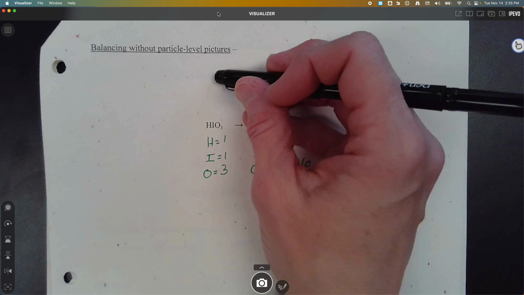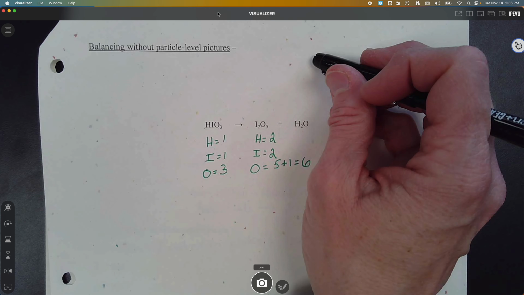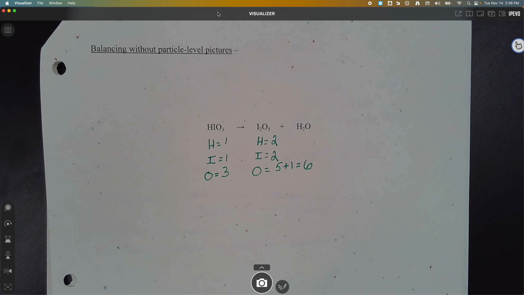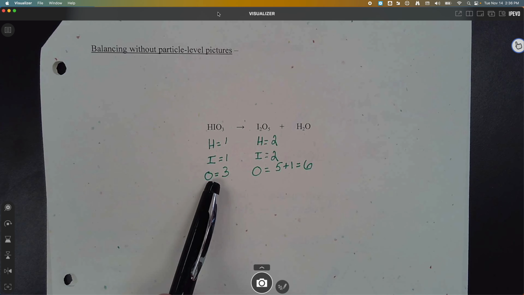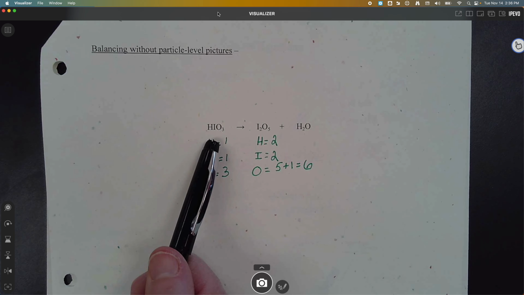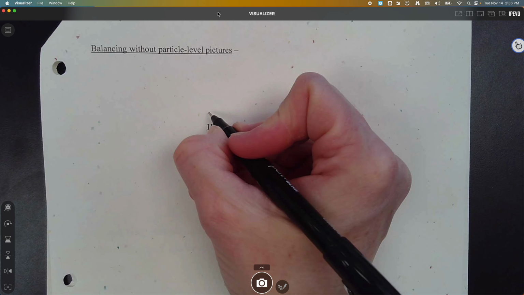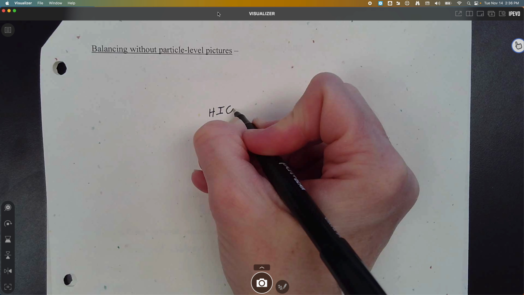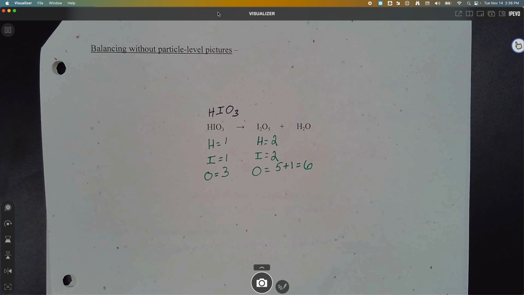I'm basically going to stack chemical formulas up above here until I have the same number of each type of atom present. So it looks like I need more stuff on this side. The only thing on this side is HIO3s, so I'm going to add one more of them. So there's a second HIO3.